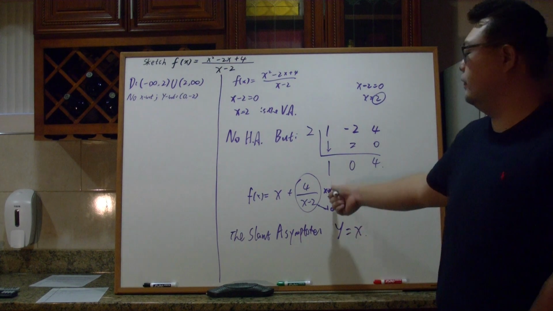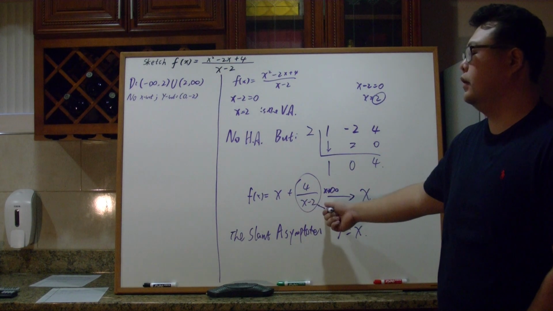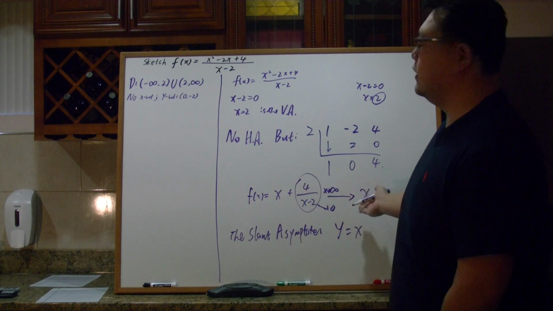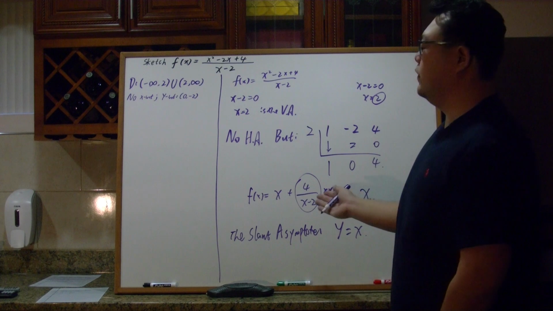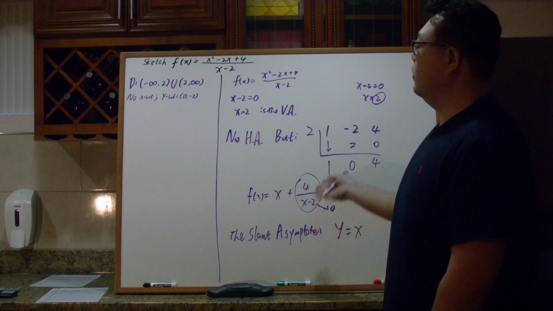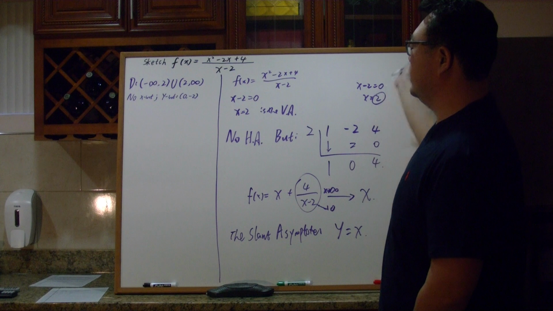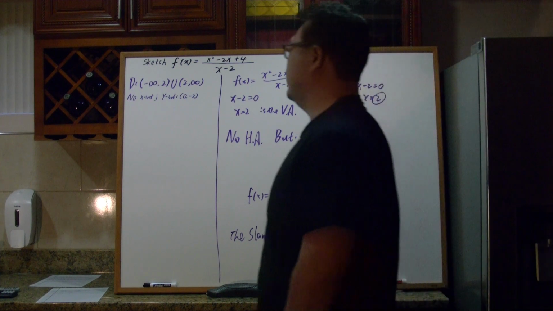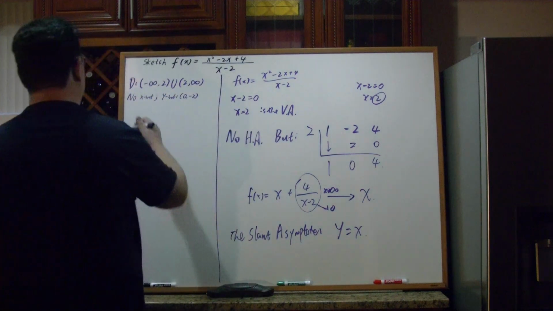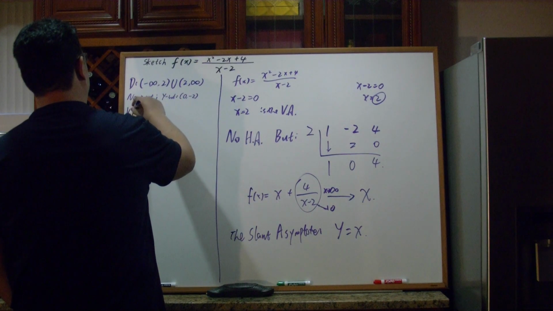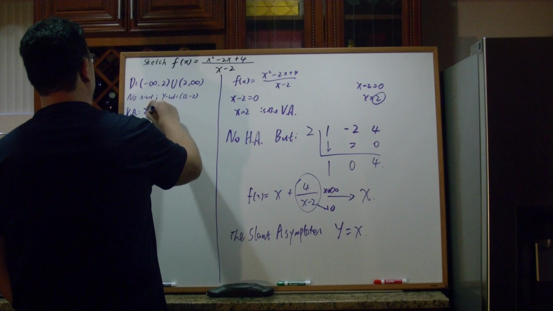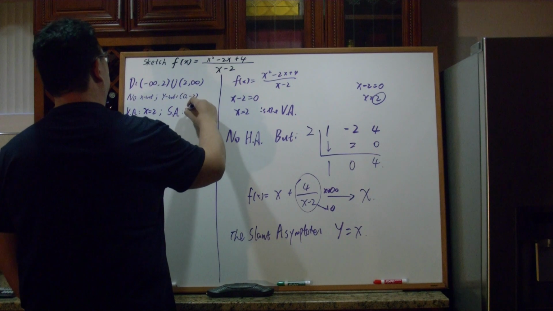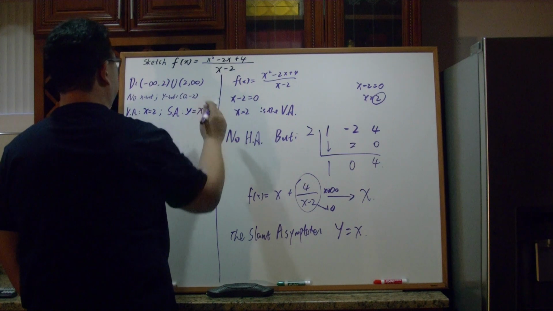When x goes to infinity, this portion yields 0 but x is still x, so it goes to infinity, but in the view of the graph the function approaches x as the asymptote. So we have the vertical asymptote x equals 2, and the slant asymptote y equals x.